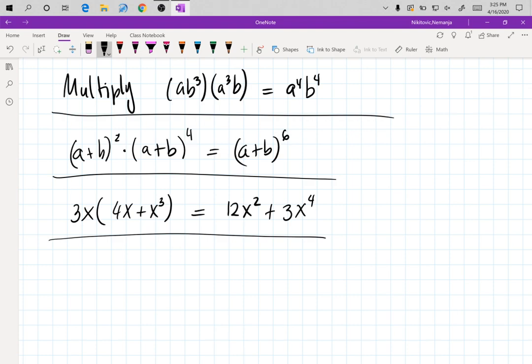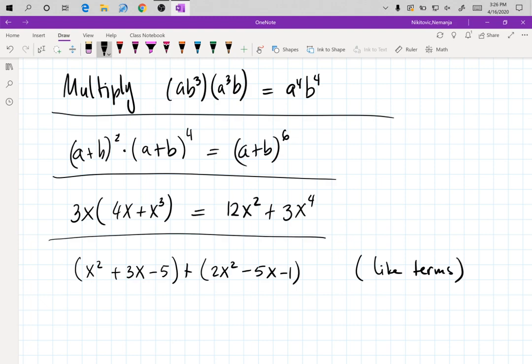We have addition and subtraction of polynomials, something like x squared plus 3x minus 5 plus 2x squared minus 5x minus 1. Like terms, right? So we have these to be like terms.